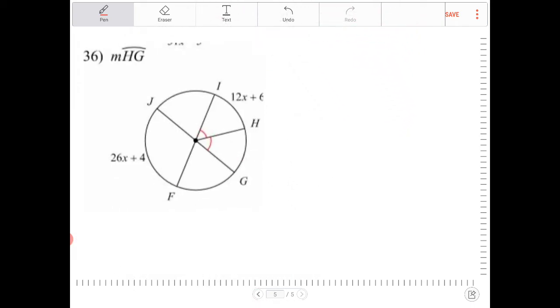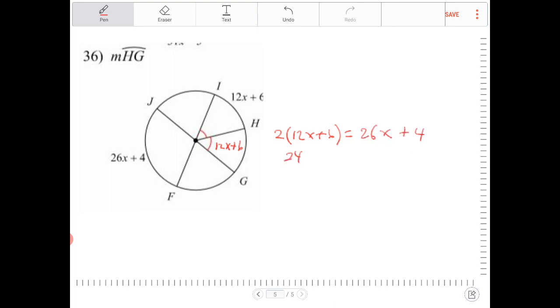And the last one, this time for real. HG is what I'm looking for. And I know, or actually I don't know, this angle over here. But I do know that this is 12x plus 6, and this has to also be 12x plus 6. And so therefore, 2 times 12x plus 6 will equal 26x plus 4.